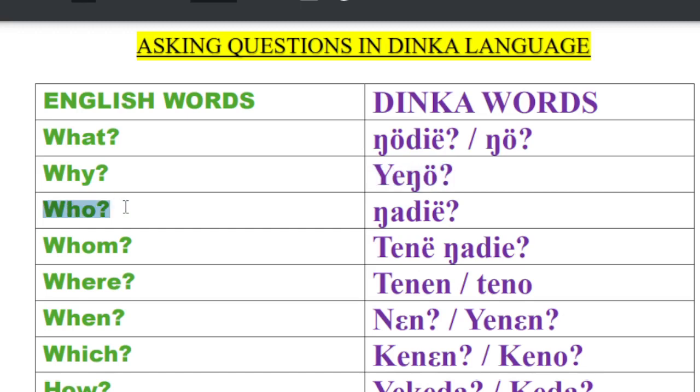The other question is who. In Dinka, you say ngadie or nga. So it's who.